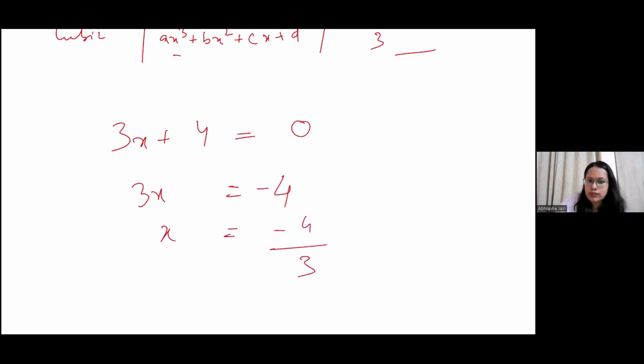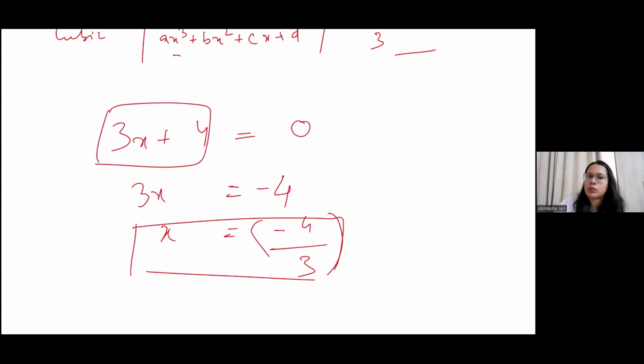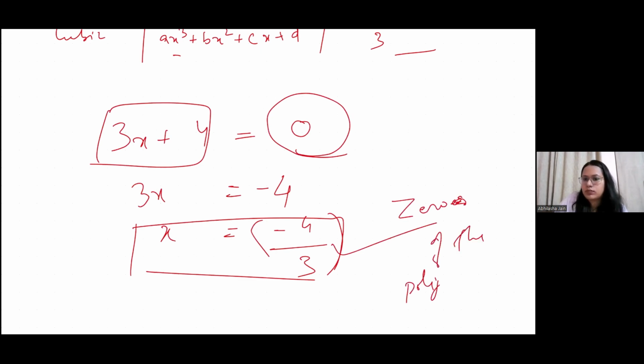If you put this value of x in this equation, your answer is going to be 0. And that's why this is called the zero of the polynomial. Since this was a linear polynomial, we got 1 zero. When this is a quadratic polynomial, we get 2. In cubic, we get 3. Okay.